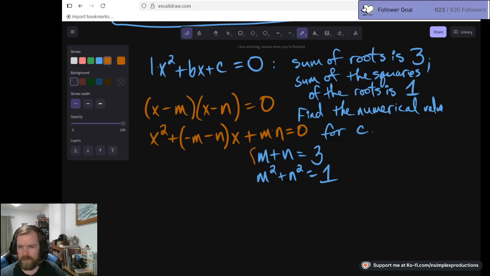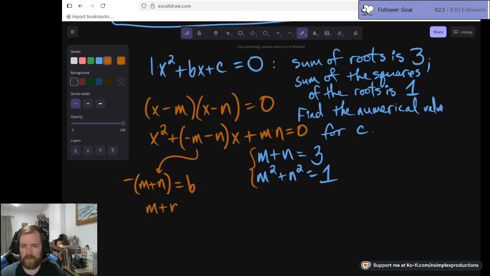Okay, this was our system of equations that we created from the original argument of the problem. And so here we see that negative parentheses m plus n is going to be equal to b.